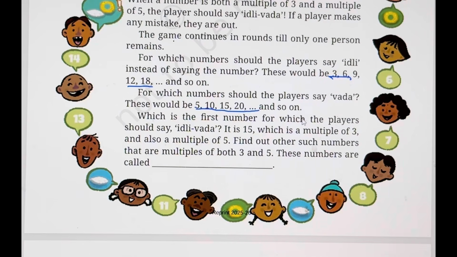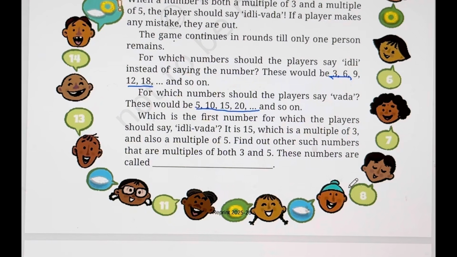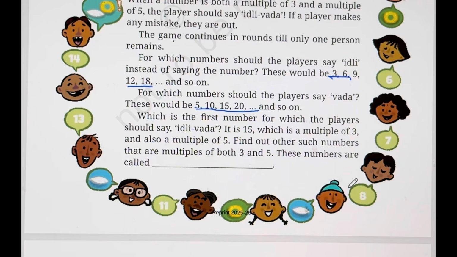Now, which is the first number for which the player should say idli and vada both? It should come in the table of 3 as well as the table of 5. That number is 15. 3 5s are 15, which is a multiple of 3 and 5 both. Find out other such numbers that are multiples of 3 and 5 both.